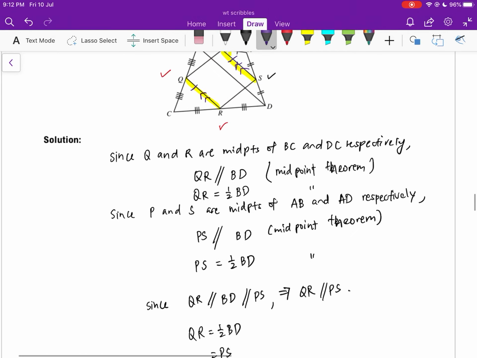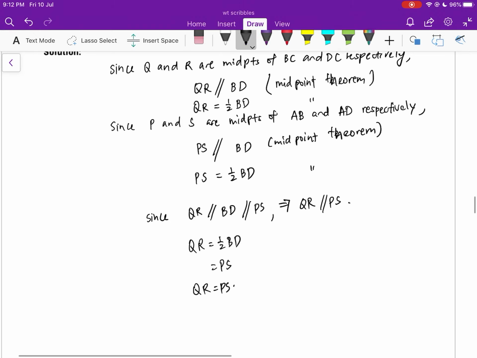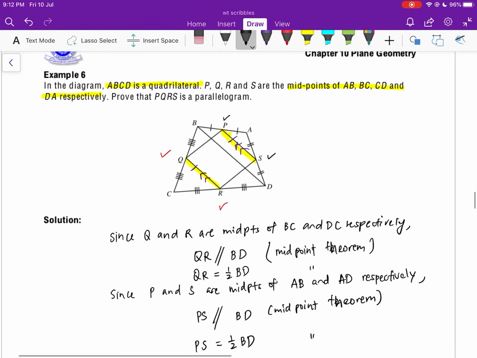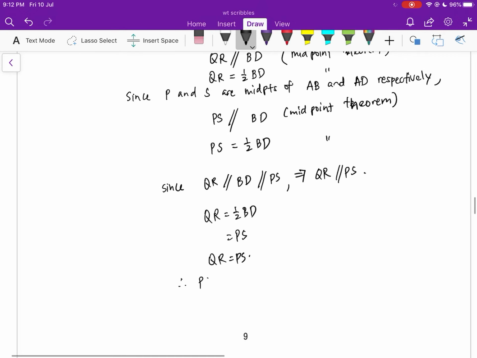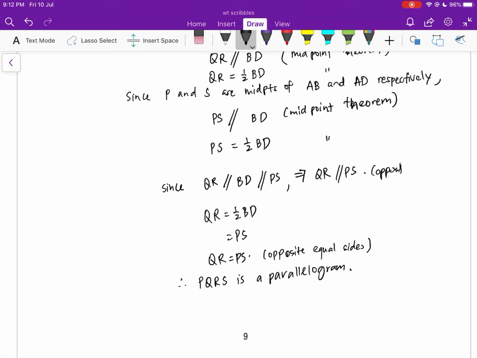So using your property of parallelogram, we know that therefore PQRS is a parallelogram, because of the opposite equal sides, and this one is opposite parallel sides.